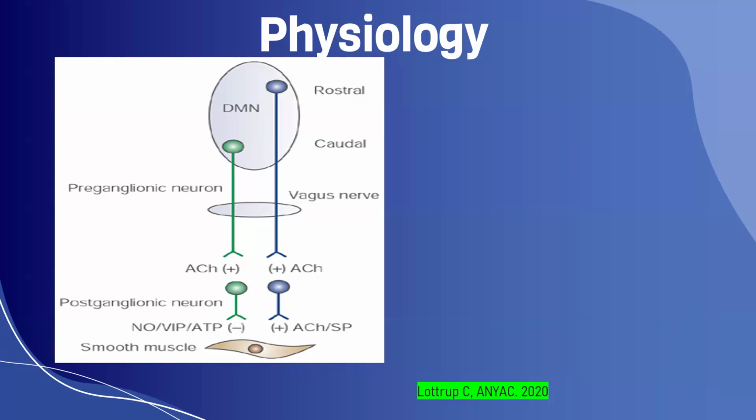On the other hand, the excitatory ones, originating from the rostral part of the dorsal motor nucleus, are also cholinergic in nature, and they synapse on the cholinergic excitatory neurons of the myenteric plexus.